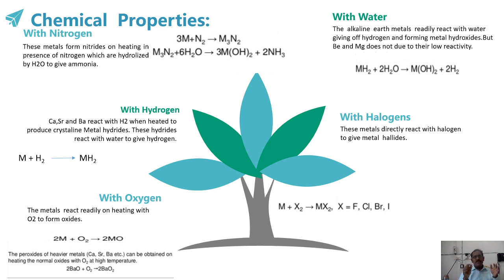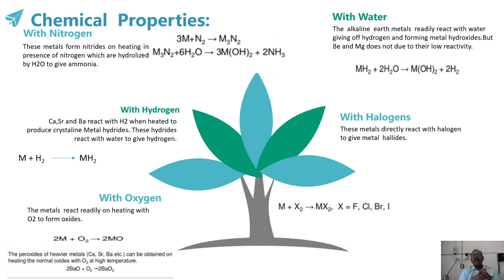Metal plus nitrogen gives metal nitride. Beryllium plus nitrogen gives beryllium nitride. Magnesium plus nitrogen gives magnesium nitride. It holds good for all the metals, so a general chemical formula is given.